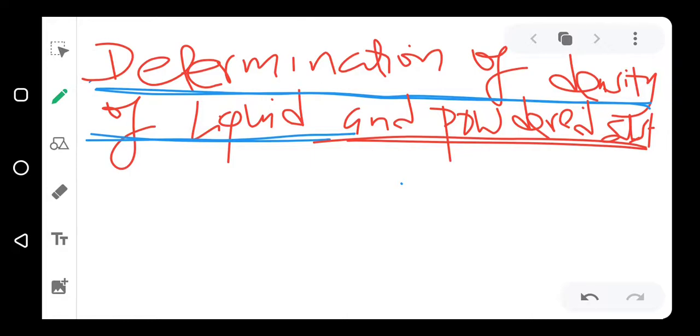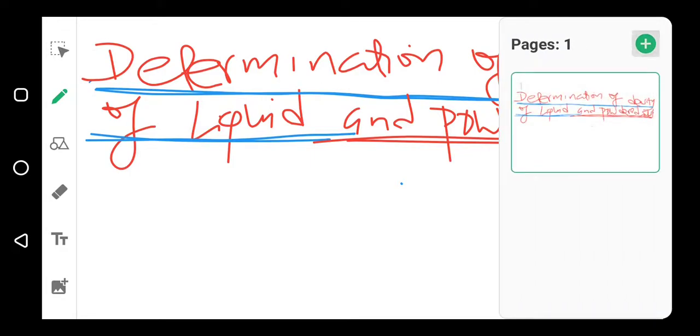To get the density of a liquid, the first thing to do is to get what we call a density bottle. We can actually use any bottle to do it, but we prefer using a density bottle.